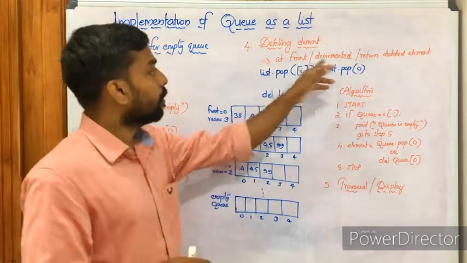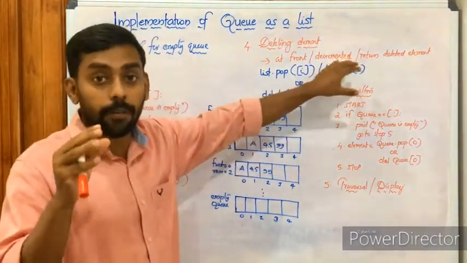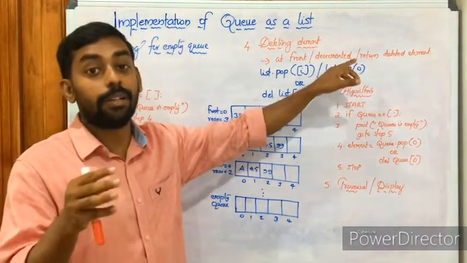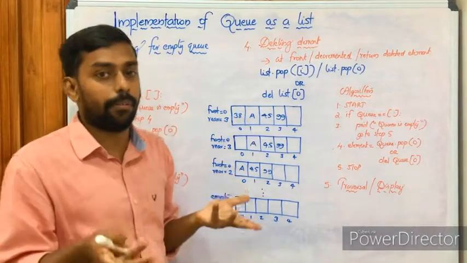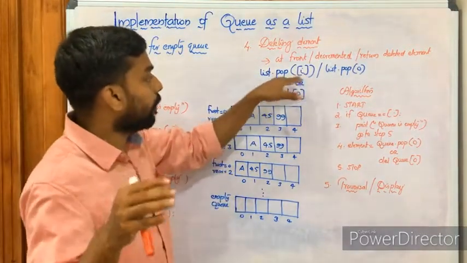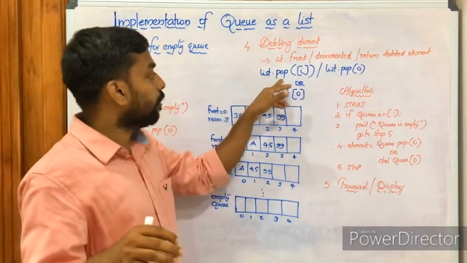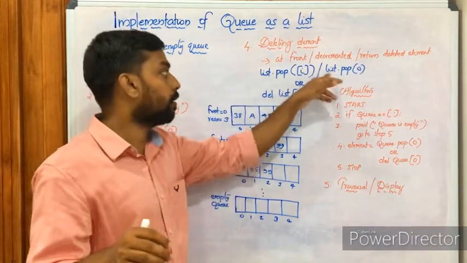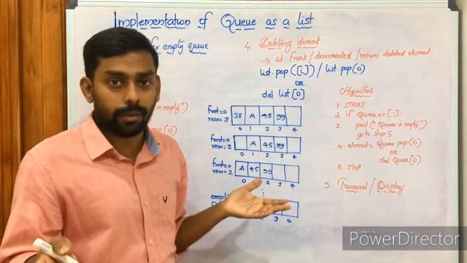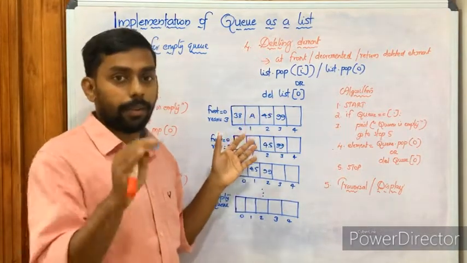Yeah. So then, we know the specialty of the pop function, which returns the deleted element to the variable. So you can print it out. Okay, yes. So these are the syntax: list dot pop of I or list dot pop of 0. Pop of I is optional, of course, you know that, because it deletes from the beginning.